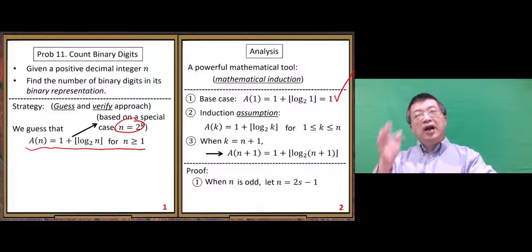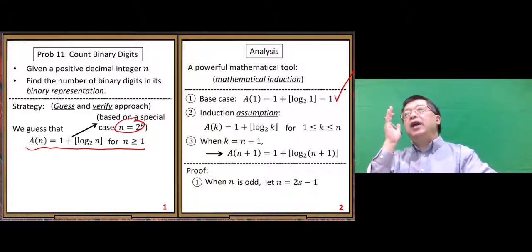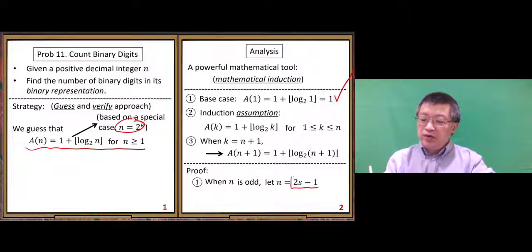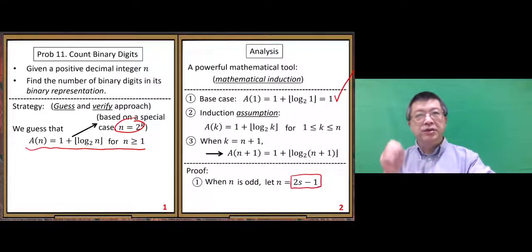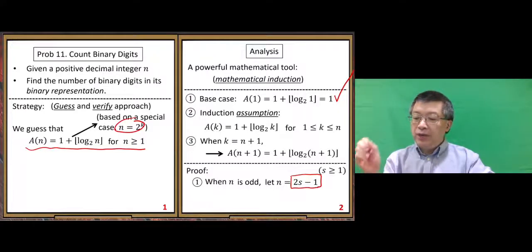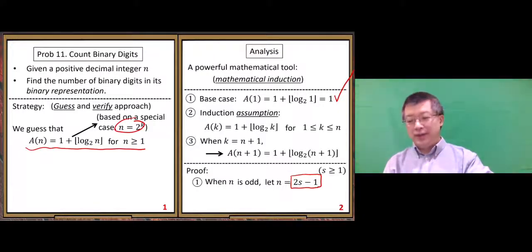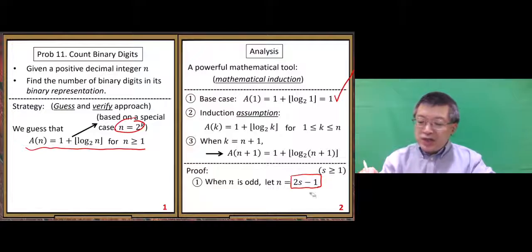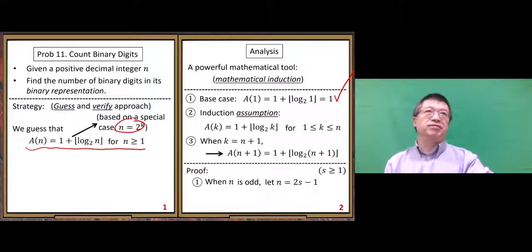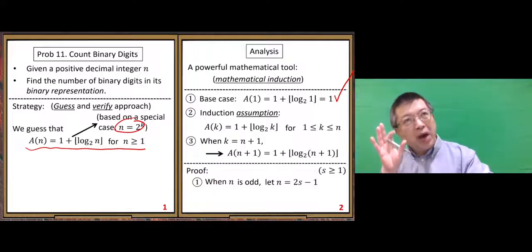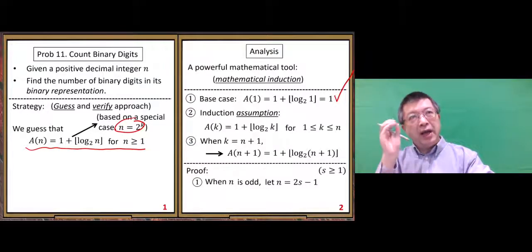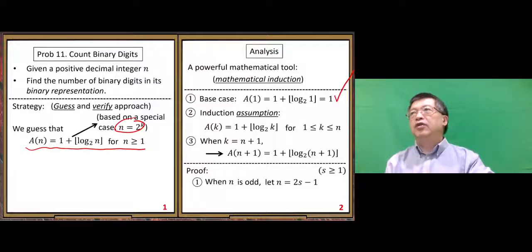When n is an odd number, we can assume it takes this form, 2s minus 1, with s greater than or equal to 1. When you do this assumption, we can do formula manipulations, and we can use many properties and formulas of log and floor functions.